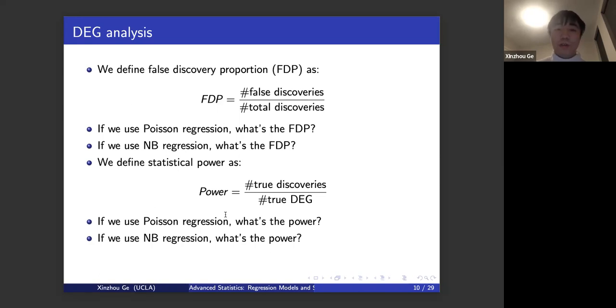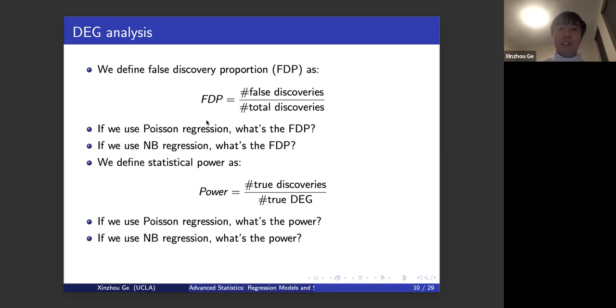And we also want to make sure that we identify as many true DE genes as possible. So the power is the number of true discoveries over the number of true DE genes, which is the proportion of true DE genes identified by the test. So you want to have a small FDP, but a higher power.